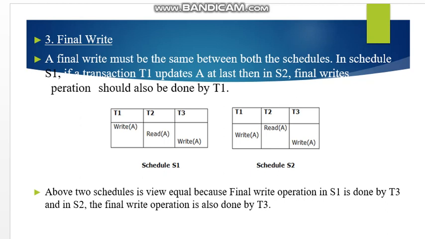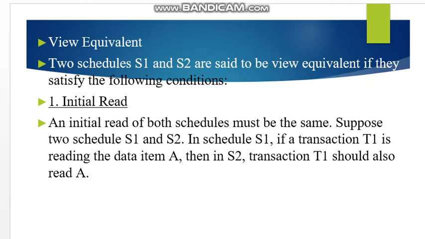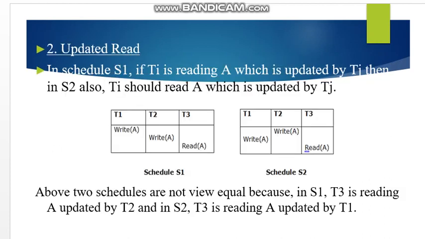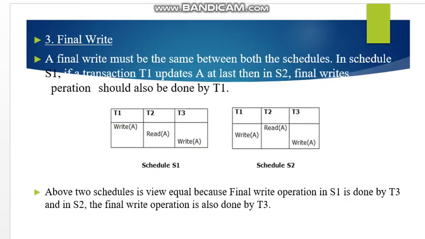In the above schedules, they are view equivalent, because the final write operation in S1 is done by T3, and in S2 the final write operation is also done by transaction T3.